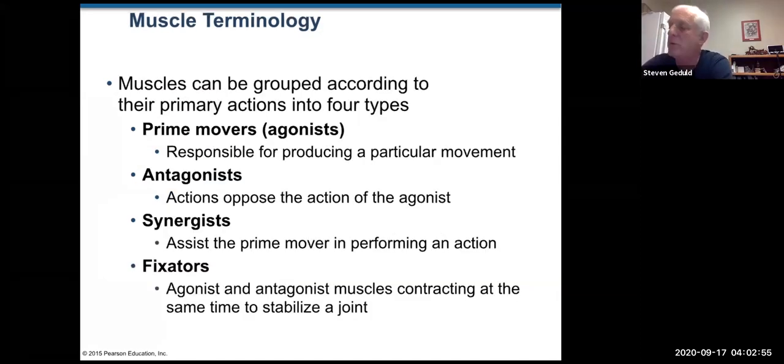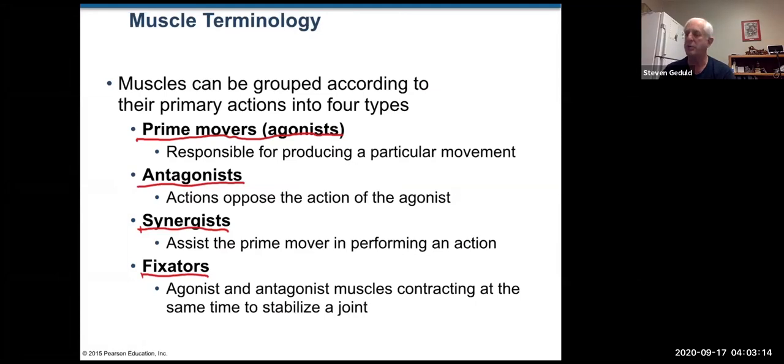Okay, so muscles are grouped according to their primary action into 4 types. Okay, there's prime movers, which are your agonists. There's antagonists, there's synergists, and there's fixators. Okay, so your prime movers, your agonists, are responsible for producing a particular movement.